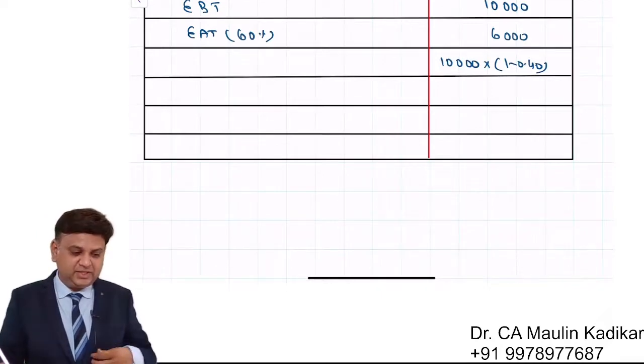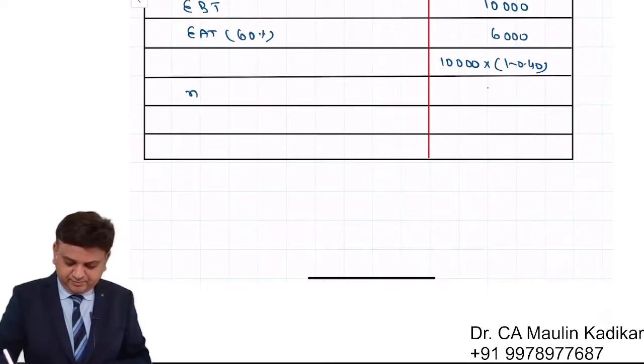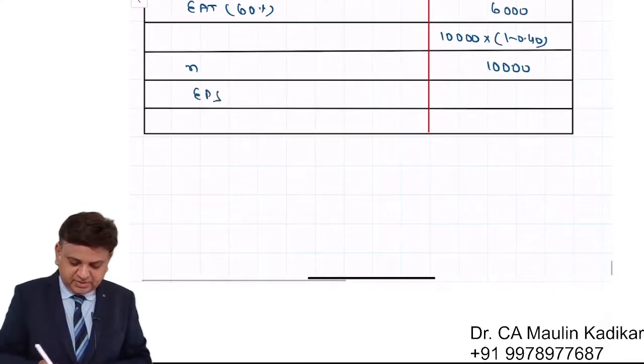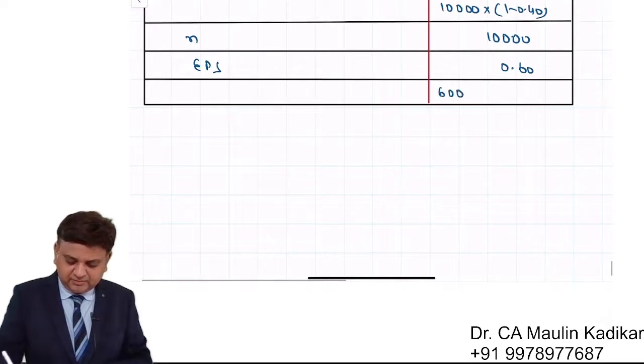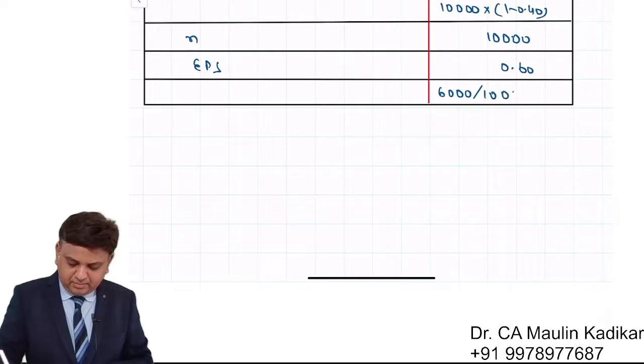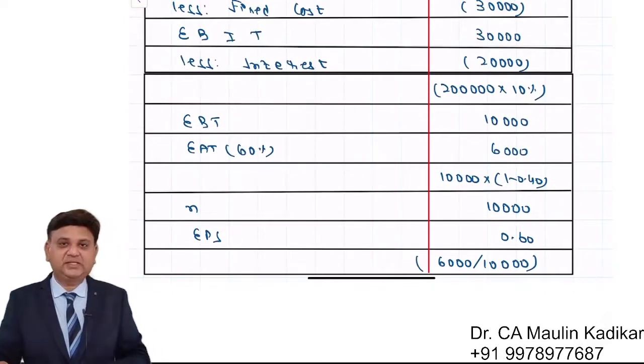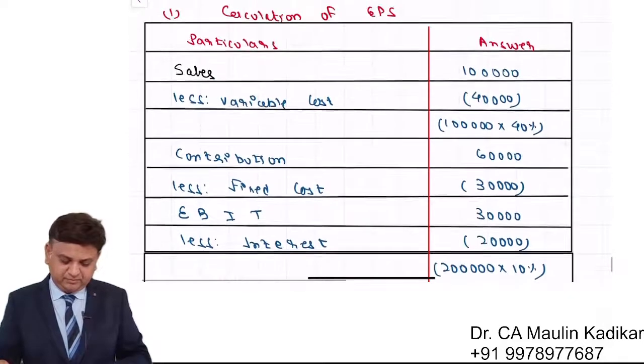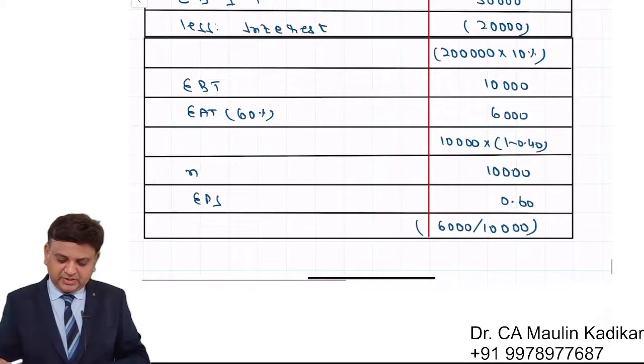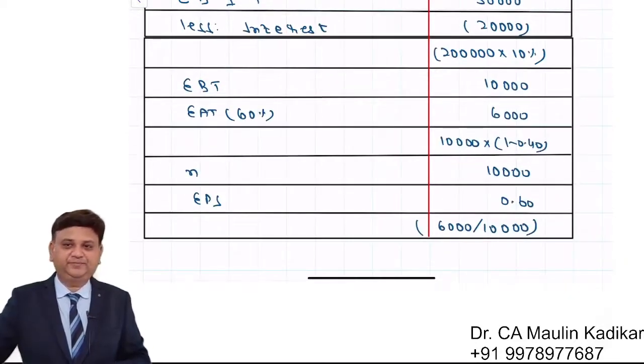Number of equity shares are 10,000. And earning per share is 60 paise. That is 6,000 divided by 10,000. That is the way the EPS is 60 paise. I request all of you to write down the answer for EPS.